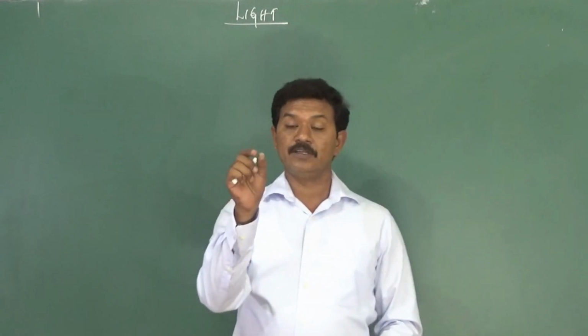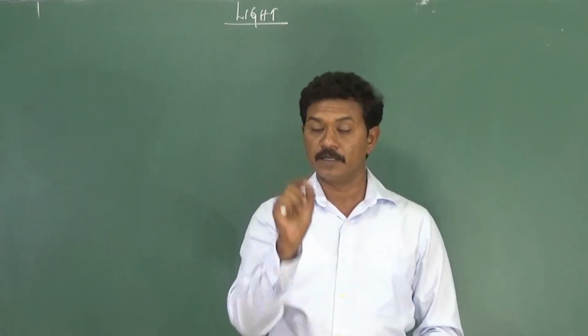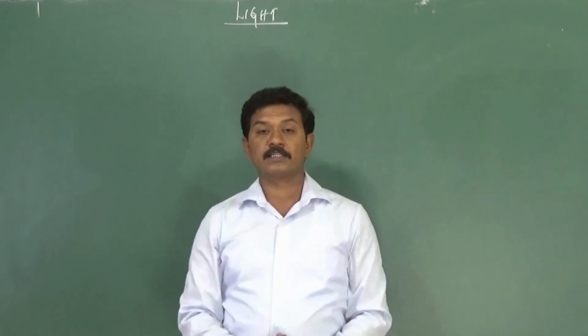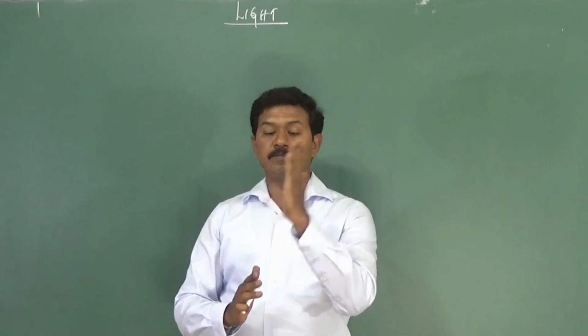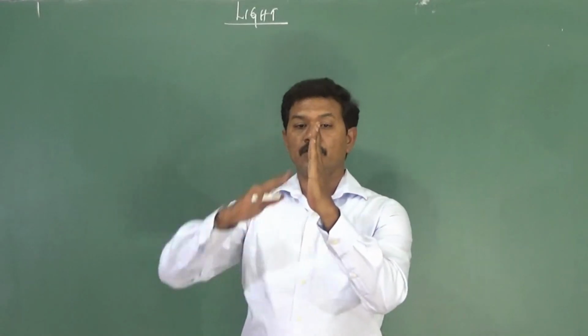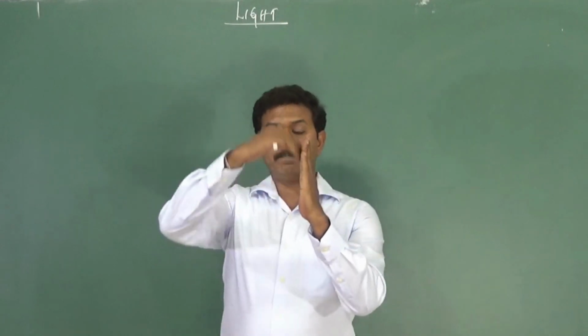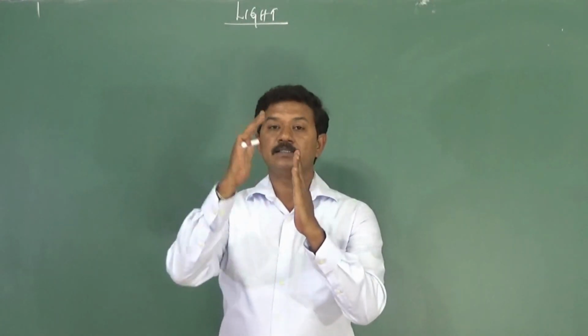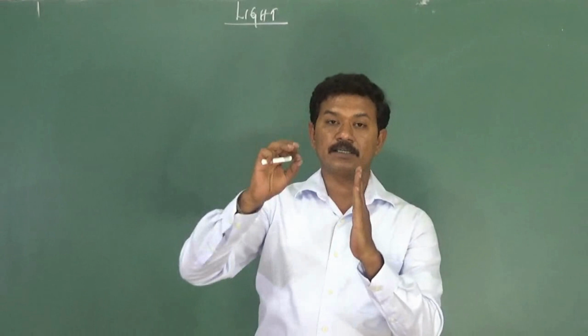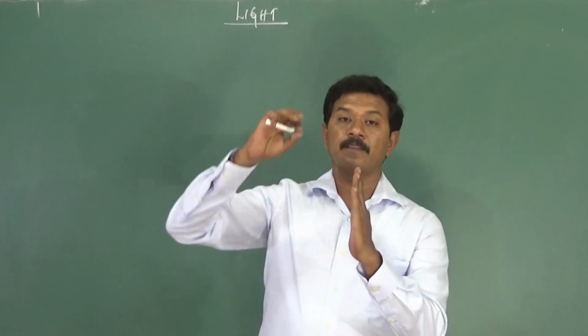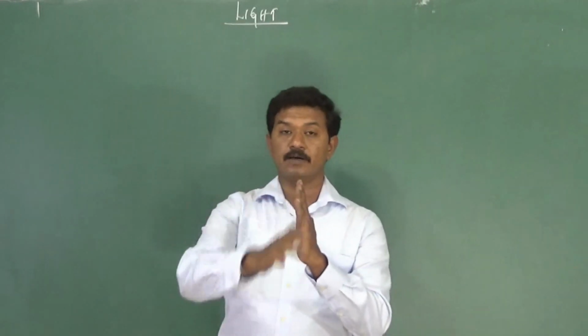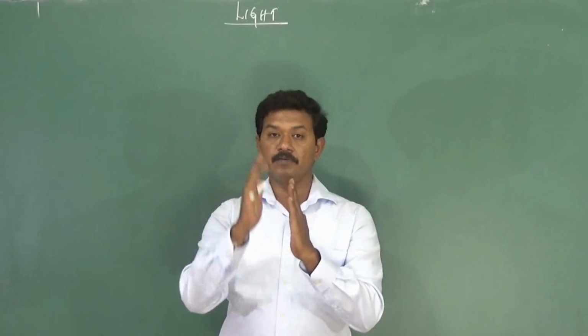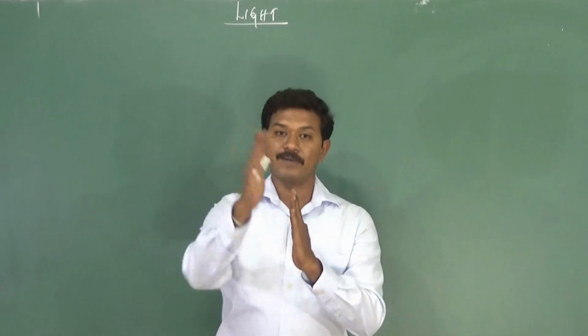In the case of a plane mirror, you will have a very thin glass slab. On one side of the glass slab, they will paint silver, because silver has the capacity of reflecting 100% of the light rays falling on it. Therefore silver is the best reflector of light.